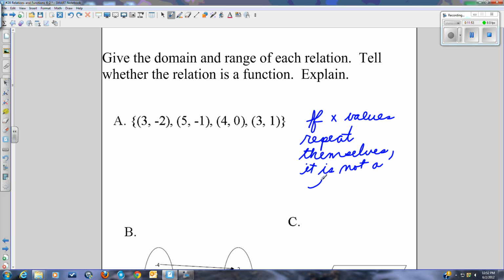That's one particular rule that you can use to decide if it's a function or not.